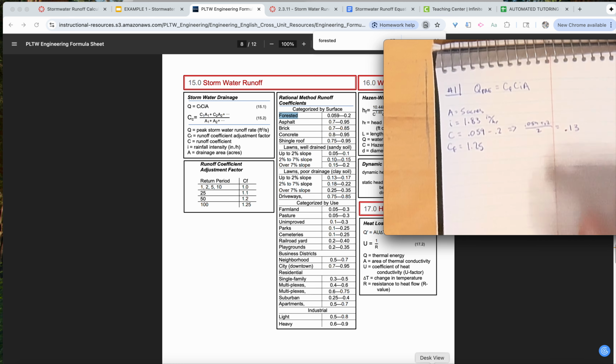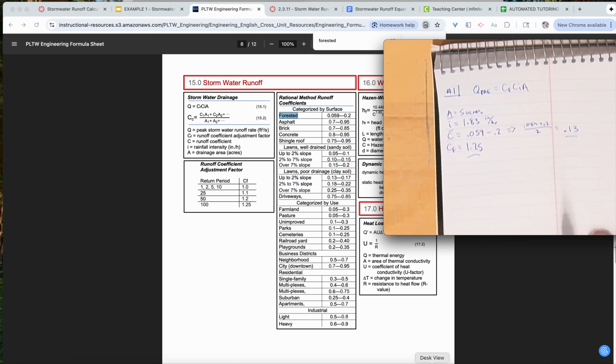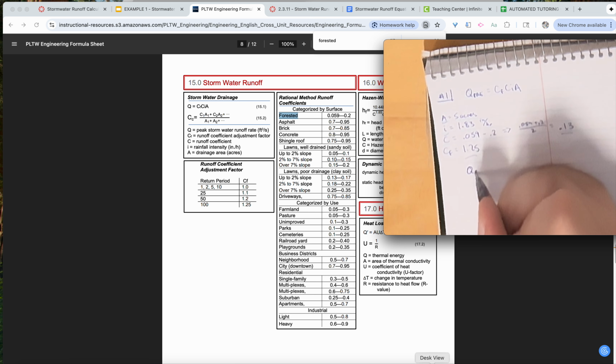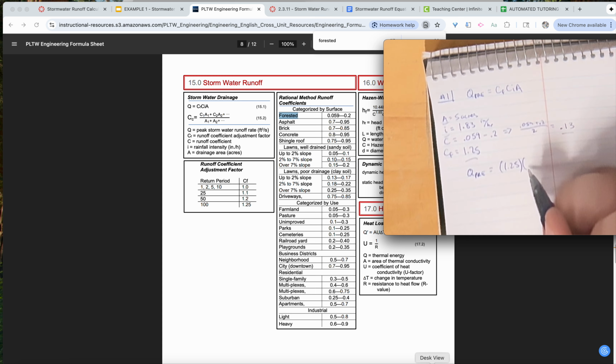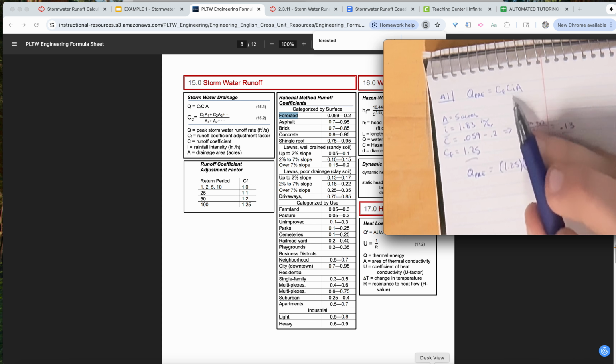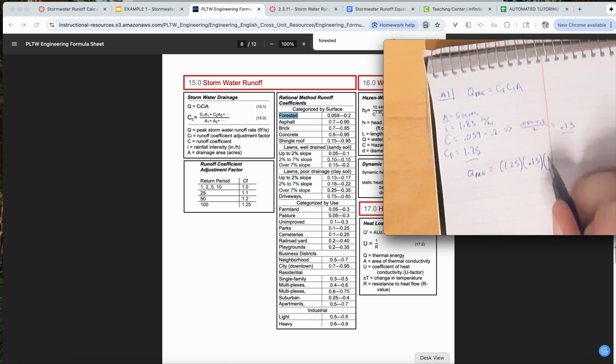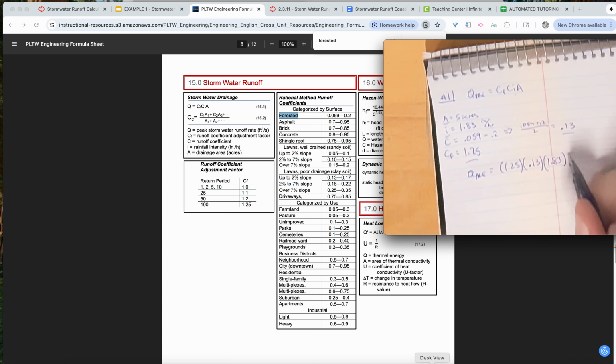Now we know the acres, we know the intensity, we know C, and we know Cf. We can simply plug this in for Q pre. So Q pre in this question is going to be 1.25 multiplied by 0.13, which is C, multiplied by i, which we found to be 1.83, and then multiplied by A, which is our acreage.